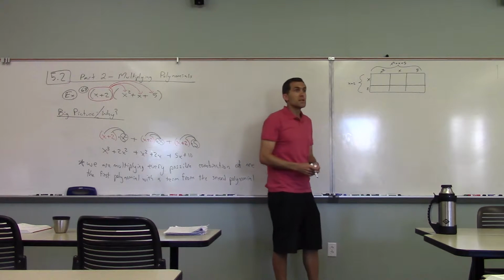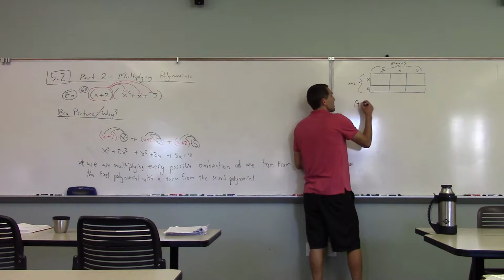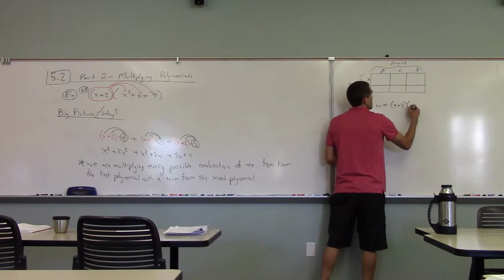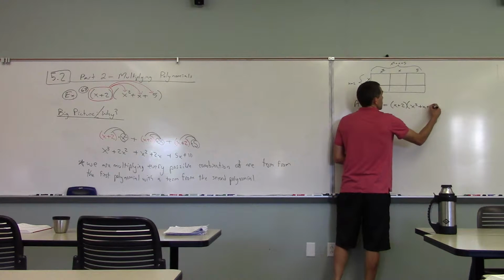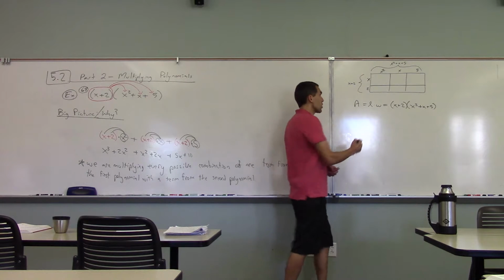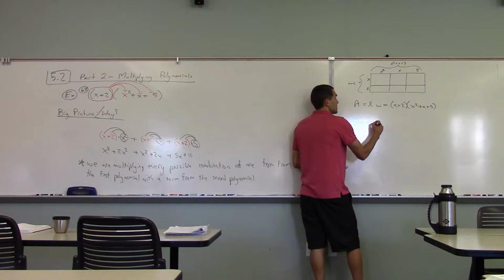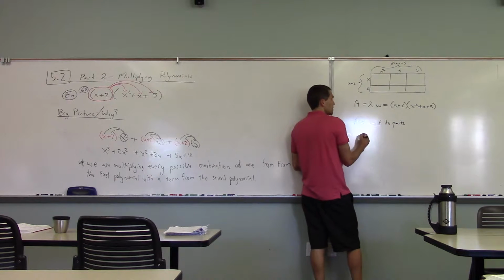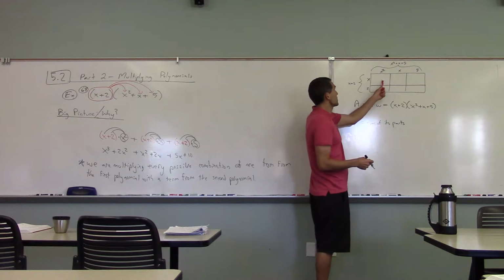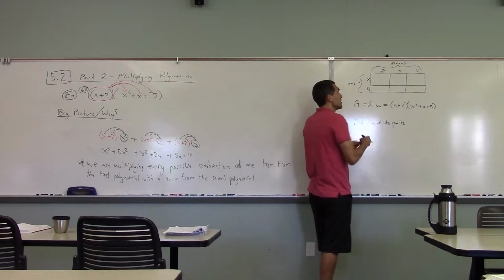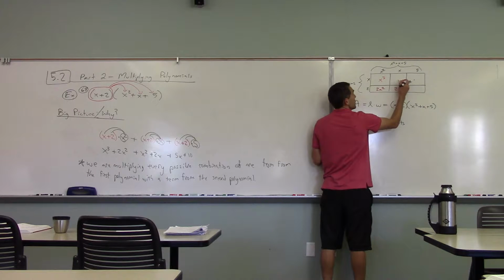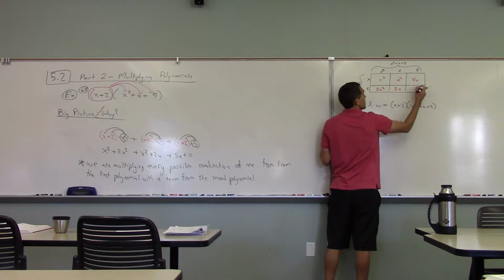Right? So we could write this area in two ways. We could say the area is length times width, or it's x plus 2 times x squared plus x plus 5. But that's also equal to the area is the sum of its parts, right? We could just add up all of its parts. So what's the area of this? x times x squared, yeah, so x to the third. And this one? 2x squared. And this one? 2x. Yeah, x squared, 5x, yeah. 10.